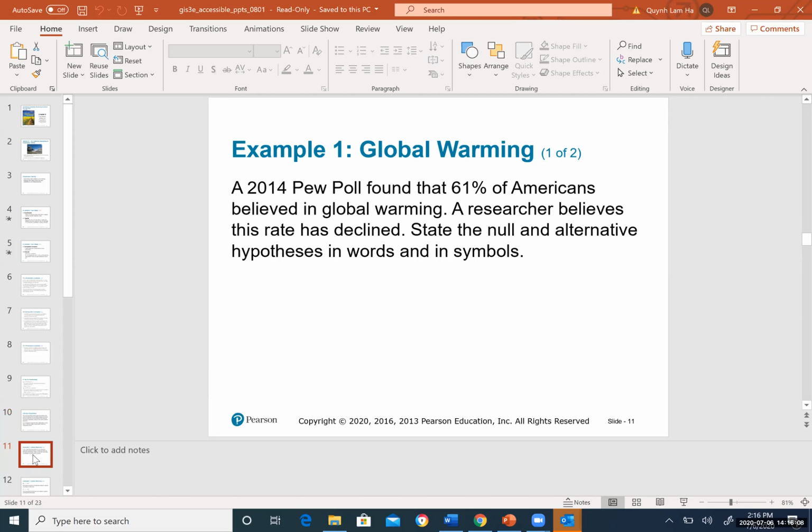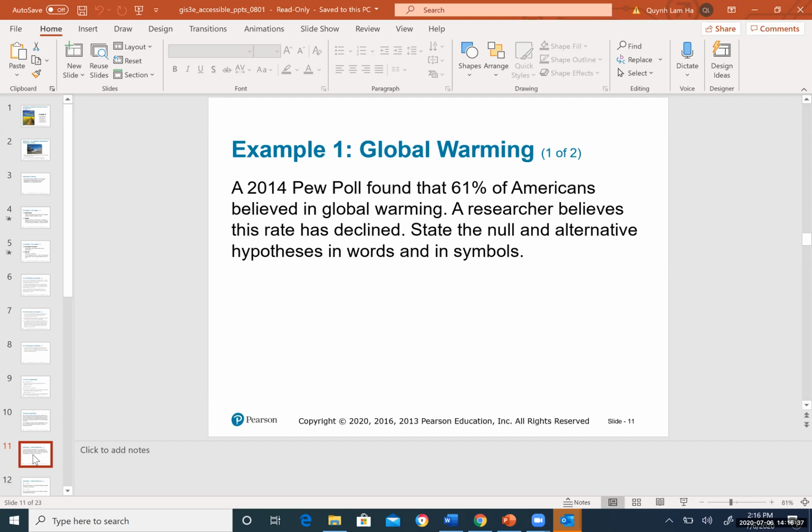Example for this one. They're talking about global warming. A 2014 Pew poll found that 68% of Americans believe in global warming. The researcher believes this rate has declined, going down, right? So state the null and alternative hypothesis in words and in symbols.